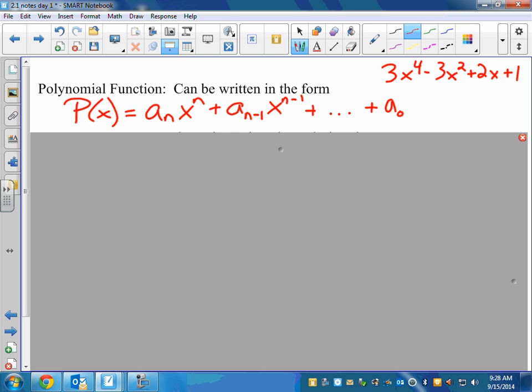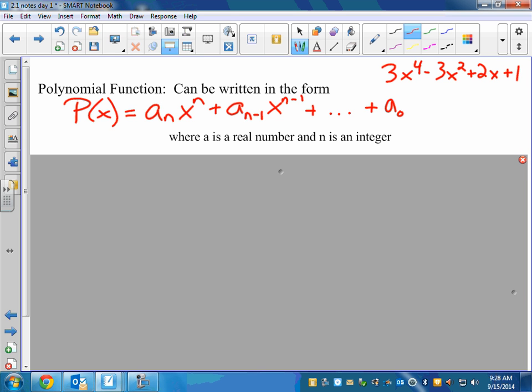They try to give you this formula that matches this, where the degrees go down, and you usually end with a constant. So that's what this means. Don't freak out by it. It's just a math definition of a polynomial function. Really important to know that a is a real number, so we don't have imaginary numbers when we write polynomials, and n is an integer.